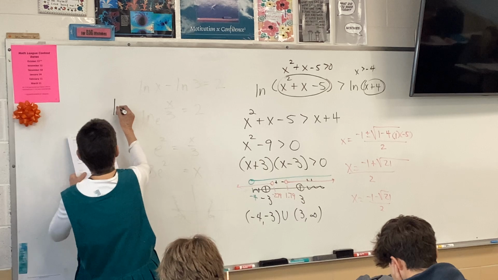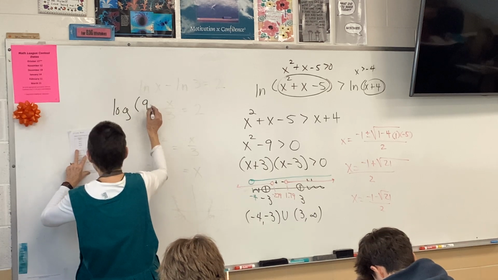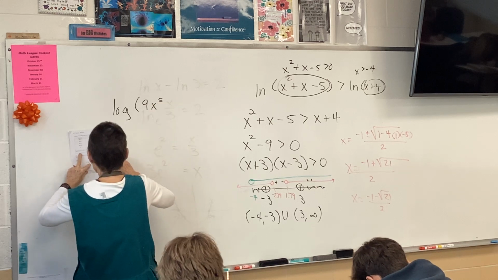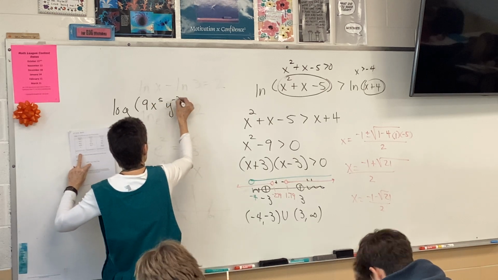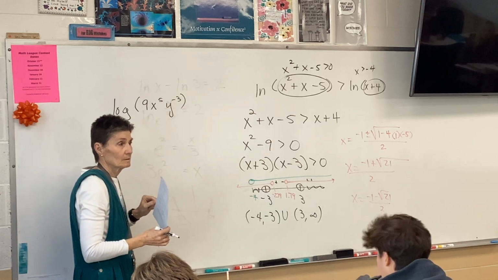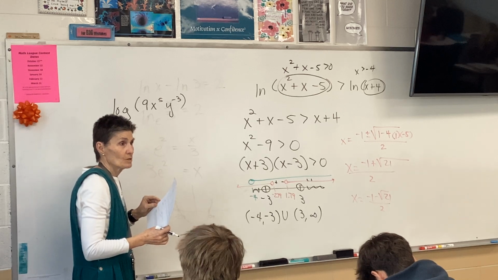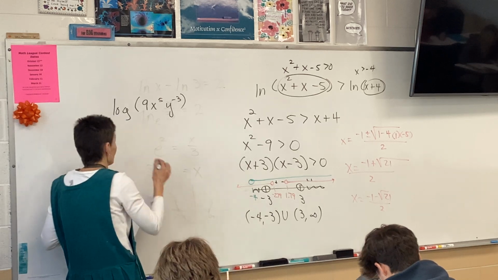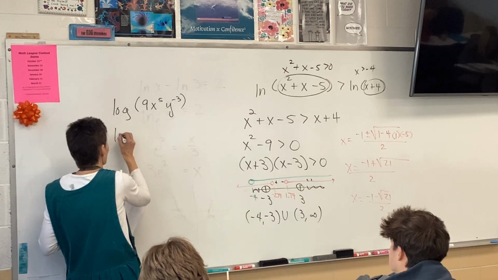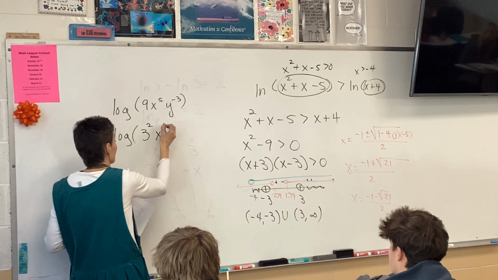So that would be log of 9 x to the 5th, y to the negative 3rd. Is that okay? Are you with me? When I write this out as individual logarithms, I'm going to recognize that 9 is 3 squared.